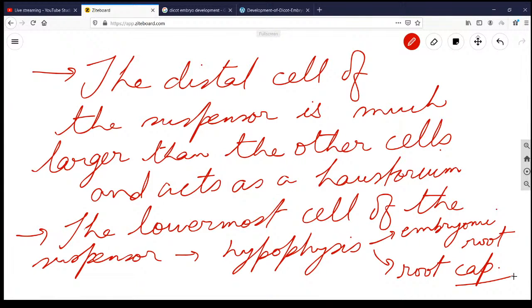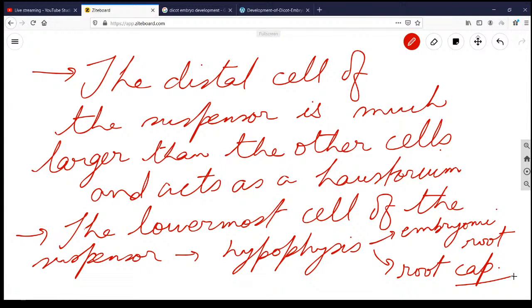Now, with the continuous growth, the embryo becomes heart shaped, which I have already told you, made up of two primordial cotyledons. The mature embryo will consist of a short axis and two cotyledons thereafter. Each cotyledon appears on either side of the hypocotyl.